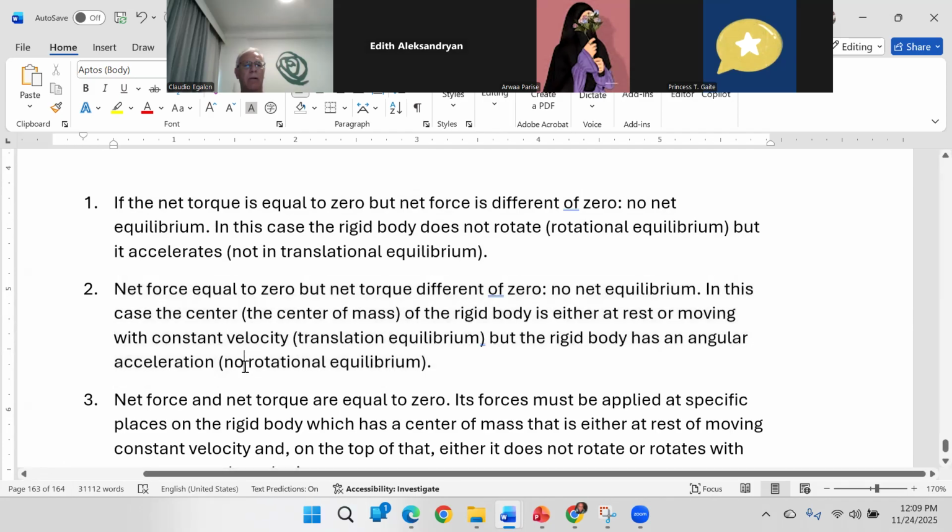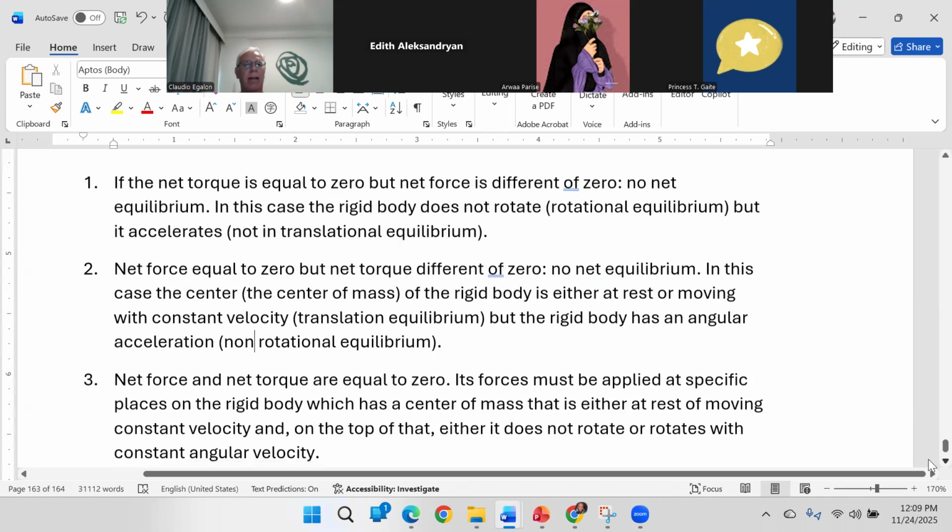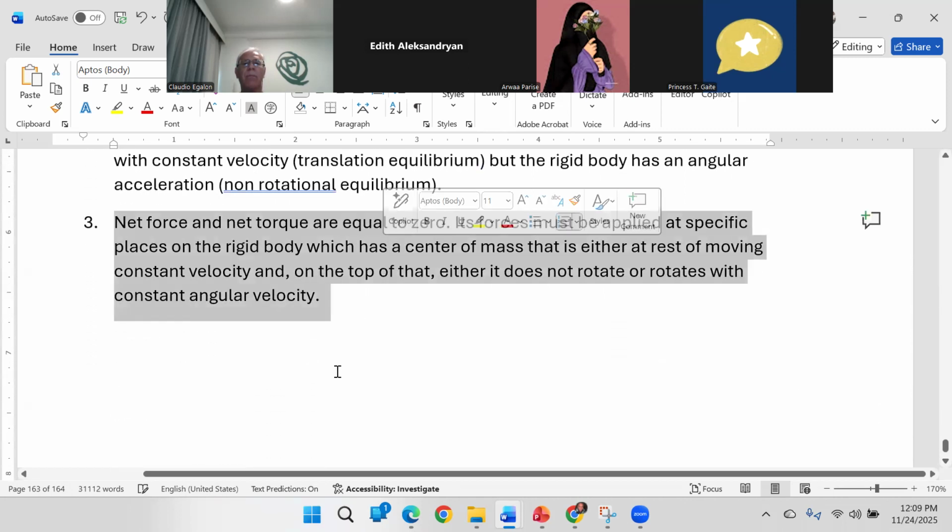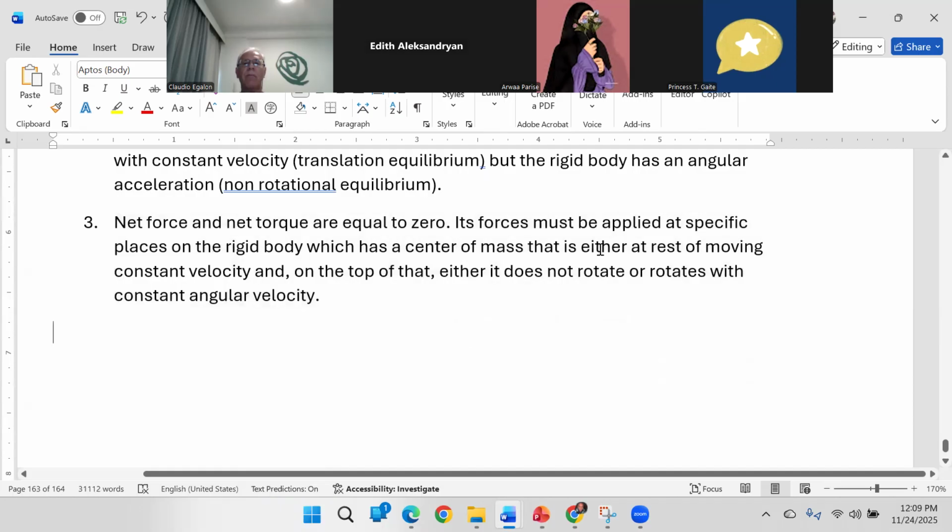Let's put here non-rotational equilibrium. Net force and net torque are equal to 0. Its forces must be applied at specific places on the rigid body, which has a center of mass that's either at rest or moving with constant velocity.